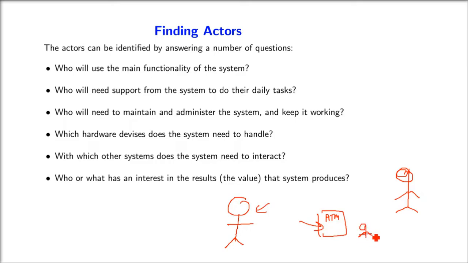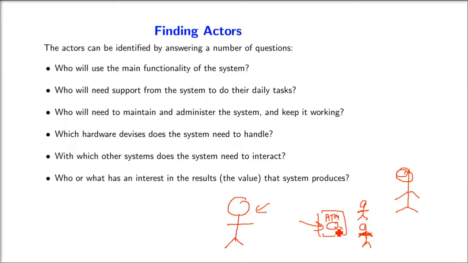But there will be another actor who is going to put the money in, try to see whether the ATM is working fine or not, maintain it, administer it. He or it is going to be an actor. Also, the hardware devices this system is going to handle, or that hardware that is going to handle the system. Those will be actors.